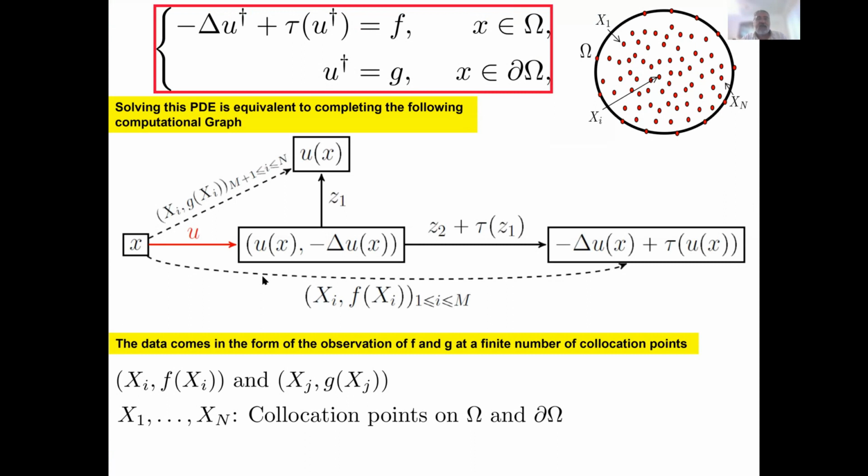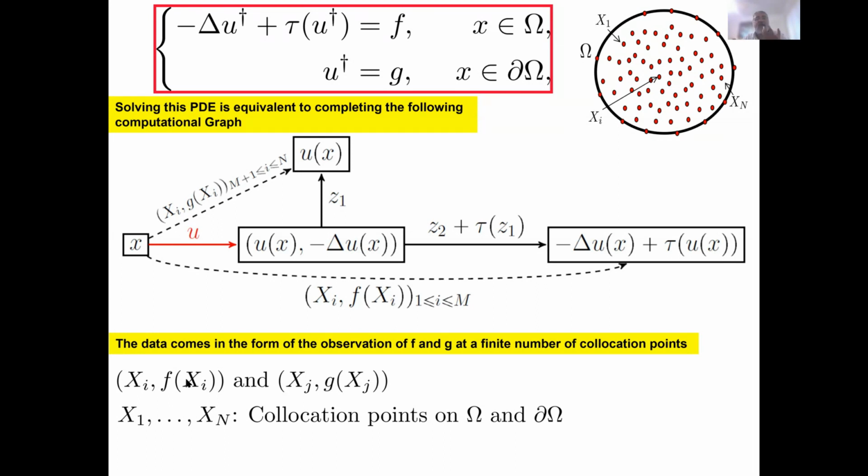Now observe that solving this PDE is equivalent to completing the following computational graph. This graph has only one unknown function, which is the solution of the PDE. Now, since this PDE is well posed, you may think that its solution is not unknown, but from a computation perspective, you can only compute with finite information, which means that you can only compute the values of f and g at a finite number of points.